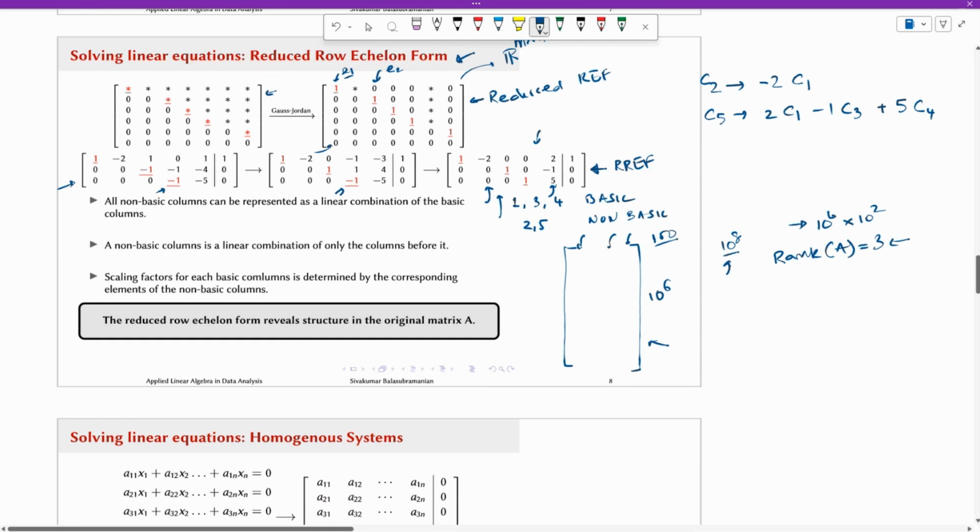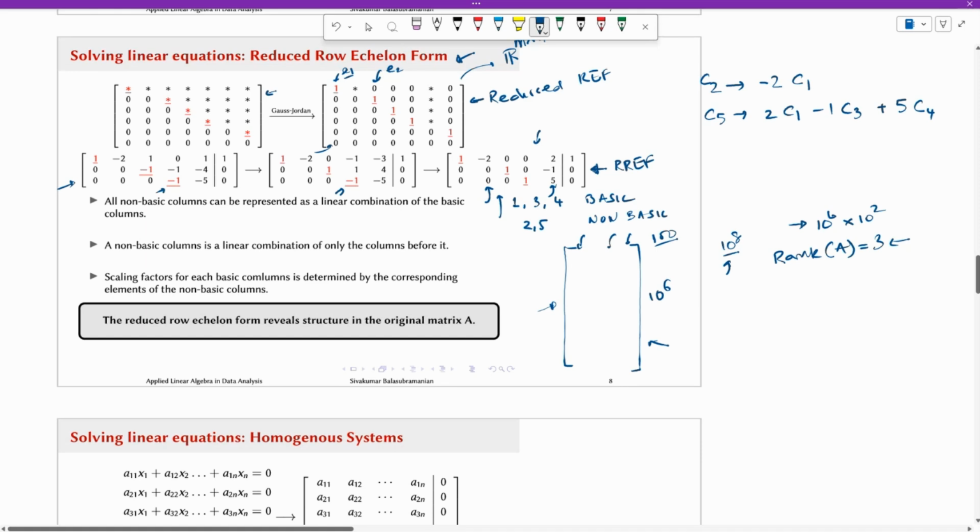Yes, exactly. What would you have to store? 10 power 8 is the total number of numbers in this matrix. What are all the things I have to store for sure?